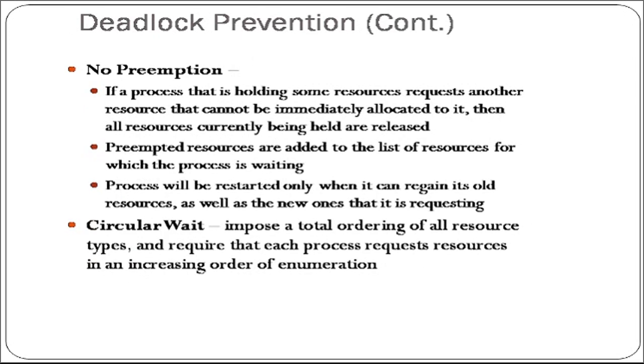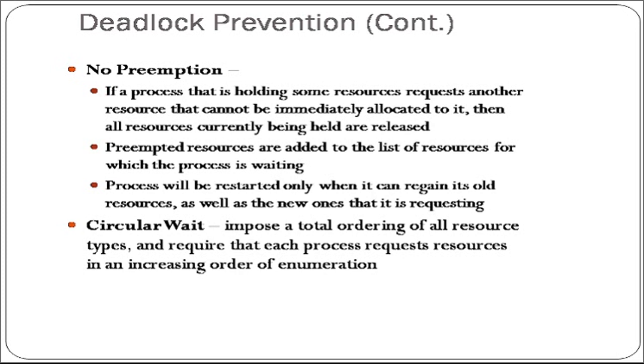Now next is no preemption. If a process that is holding some resources requests another resource that cannot be immediately allocated to it, then all resources currently being held are released. The preempted resources are added to the list of resources for which the process is waiting.